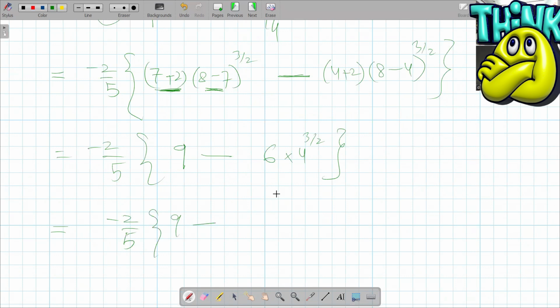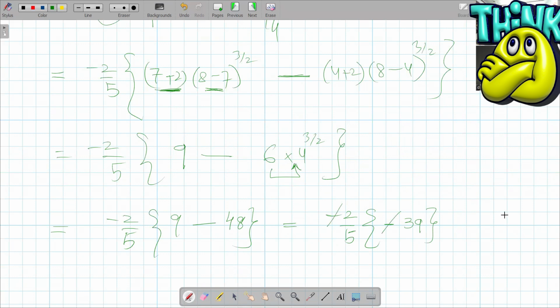So it will be 9 minus 6 times 8, 48. 9 minus 48 is negative 39.